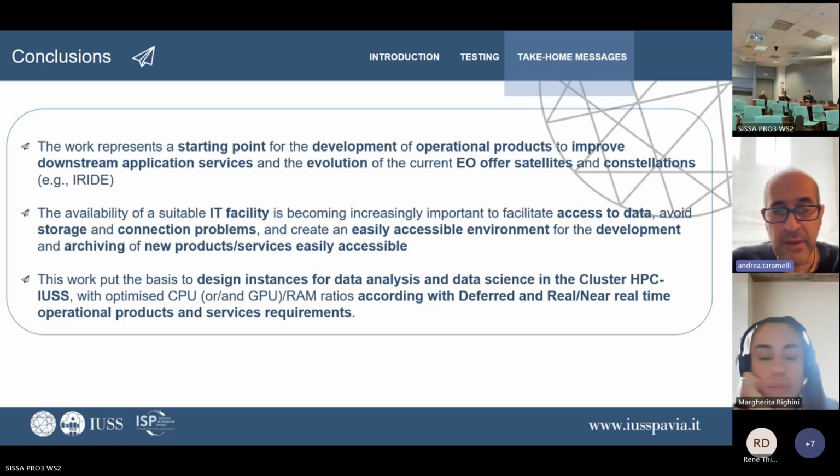Of course, availability of suitable IT facilities is one of the increasingly important issues, and still European countries and Italy have not yet been there. So we are really using a lot of Microsoft and so on.